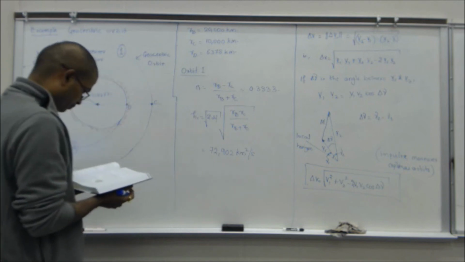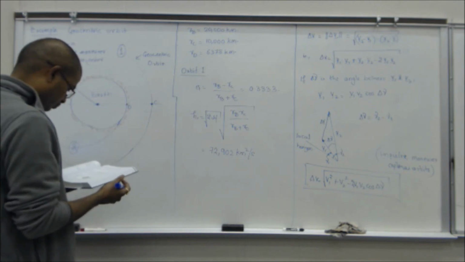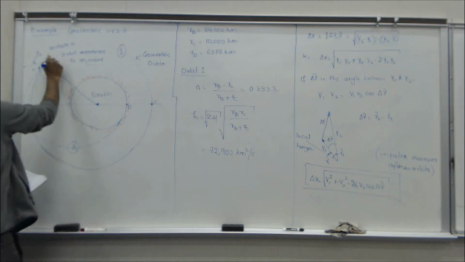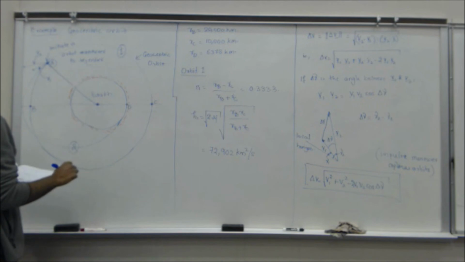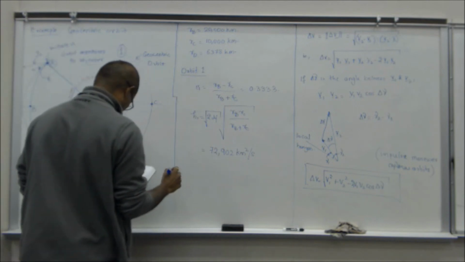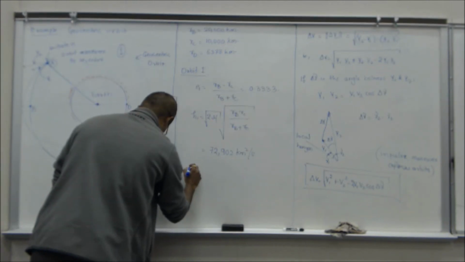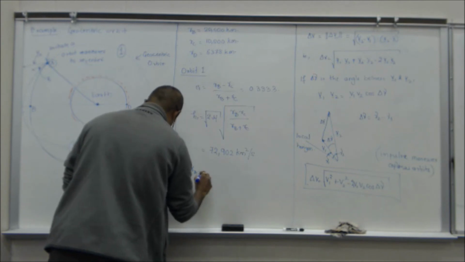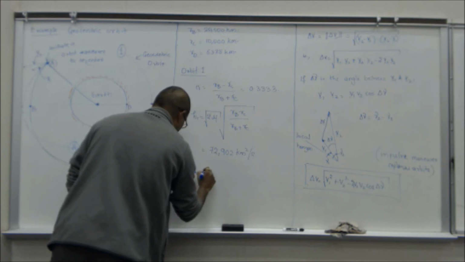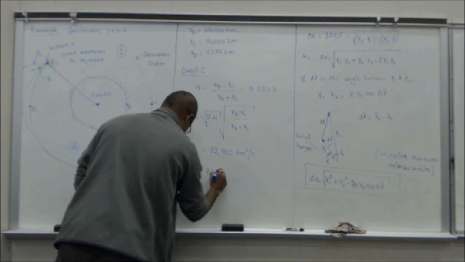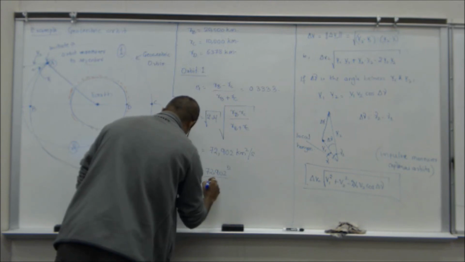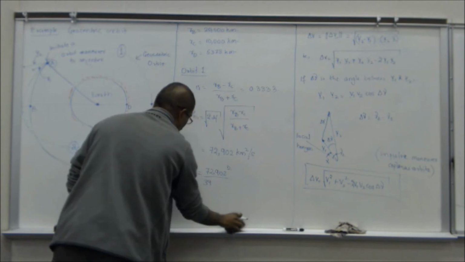Okay. And this is your point A. All right. Point A. RA is equal to so we just use this formula.